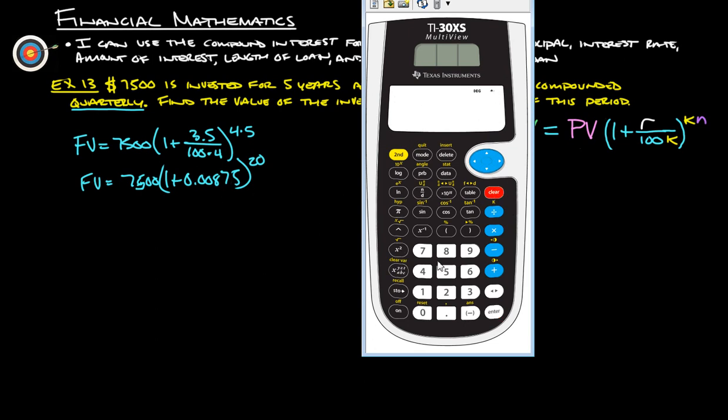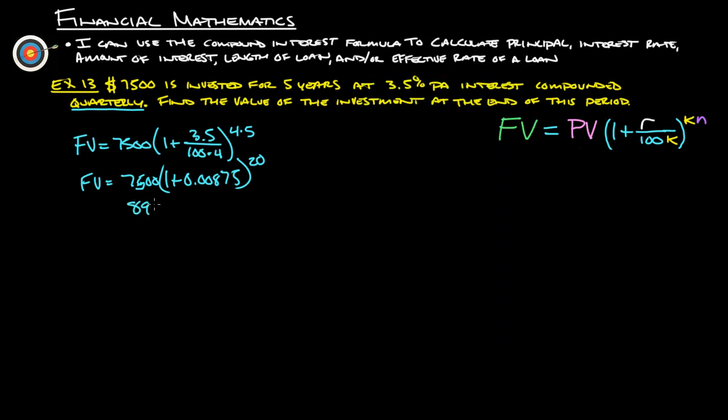That number's not too bad. 7,500 times 1.00875, because we're just adding those together, all to the 20th power. And that gives us 8,927.55. So the future value is going to equal $8,927.55.